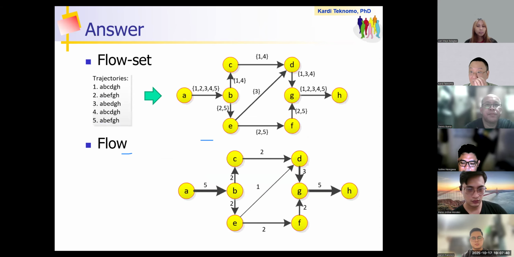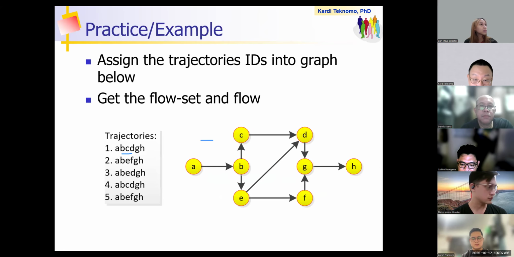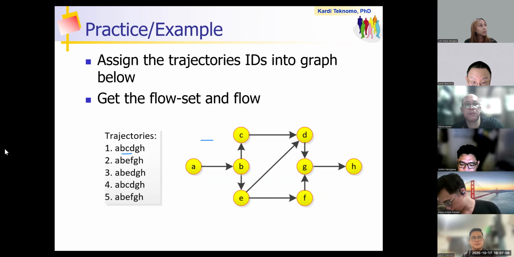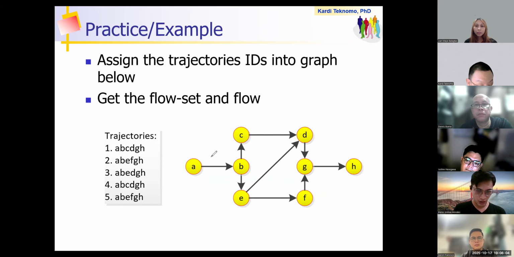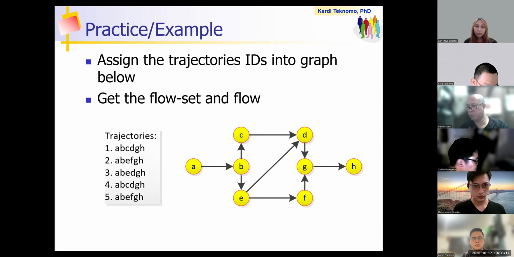And the other one is a little bit more complex. So can you practice this one first? Can you assign this 5 trajectories only, to that flow set matrix?